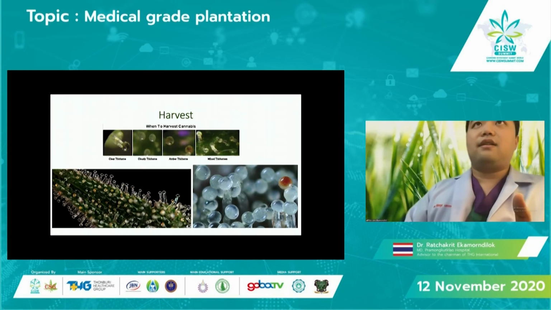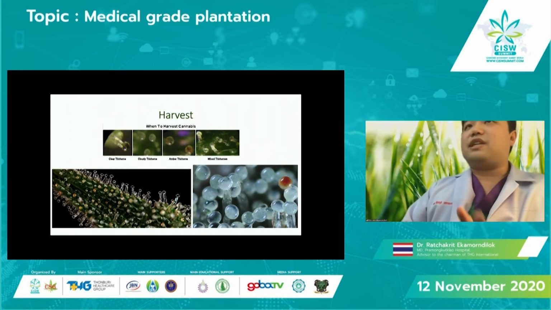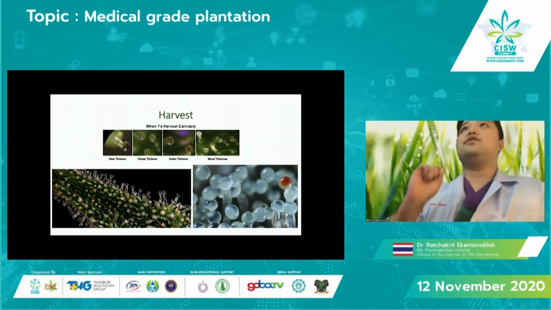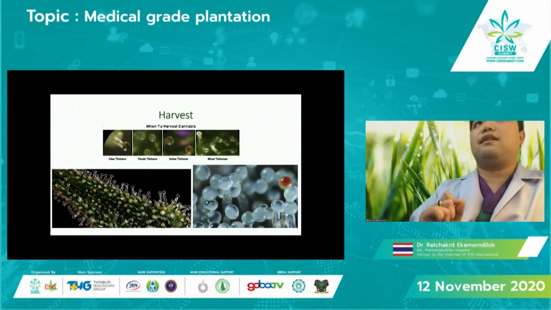Harvesting. If it's not at the proper time, you just waste all your crop and your medical cannabis is wasted. You need to know when to harvest it. Basically, we look at the trichomes.